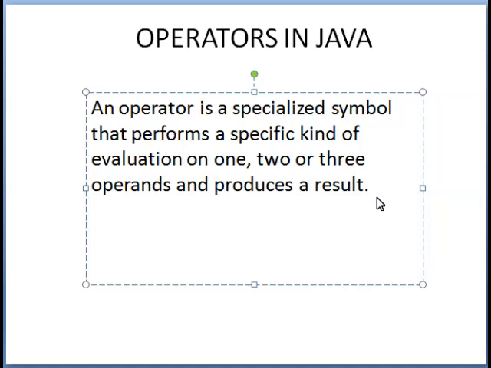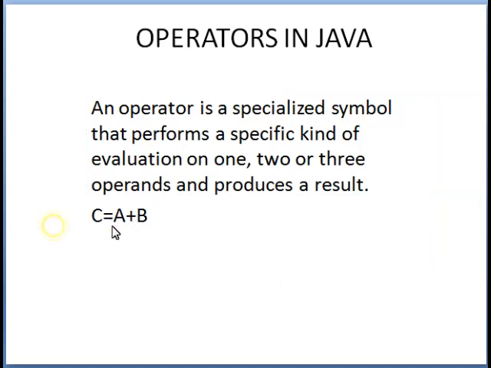For example, if we are writing like this, C equal to A plus B. So this equal and plus are called as operators, and C, A, B are called as operands.